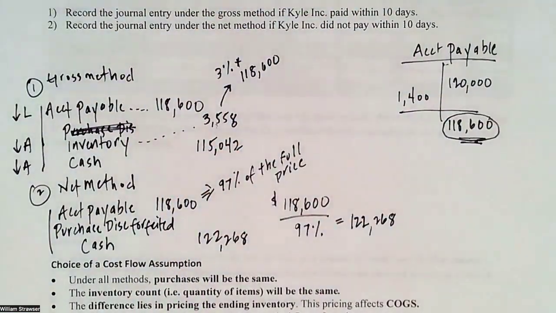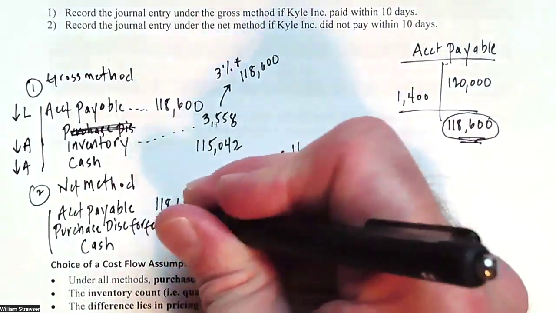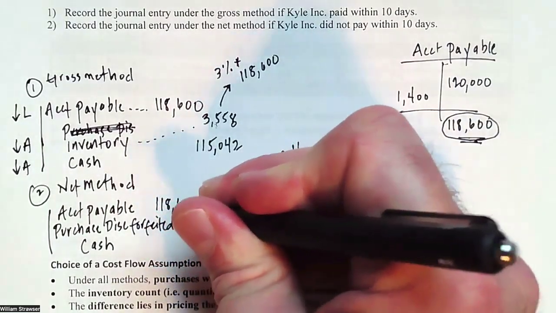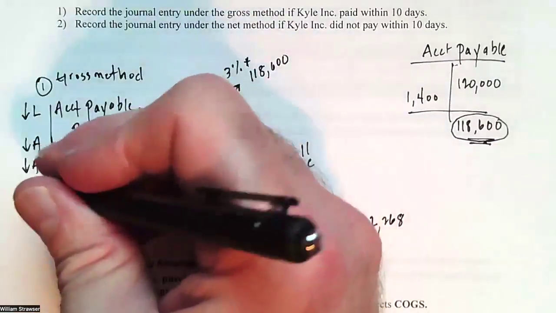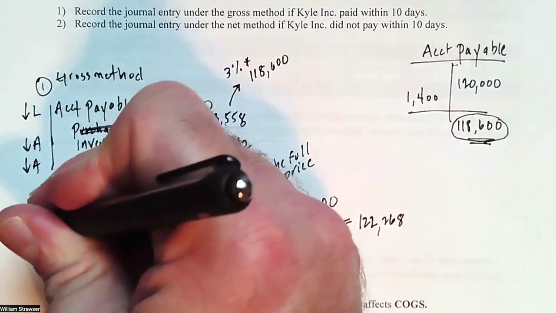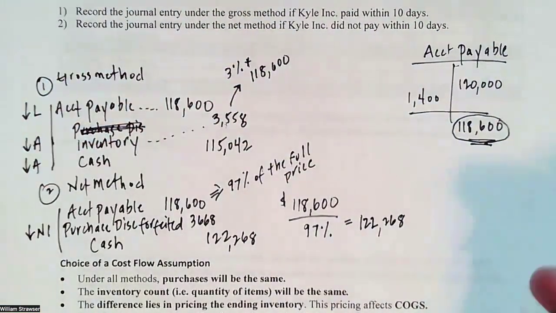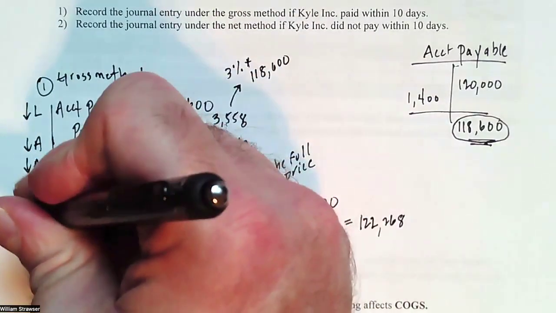And the difference between those two is $668. Okay. And remember again, this purchase discount's forfeited, that debit to that account reduces net income.